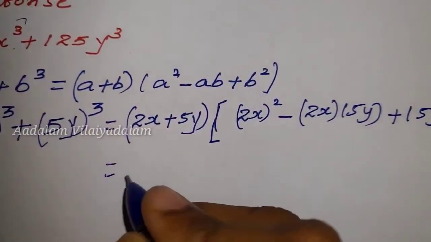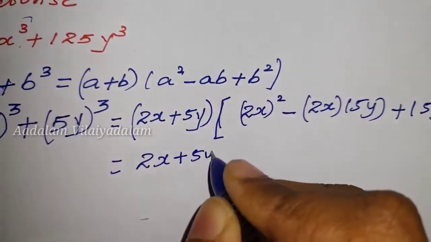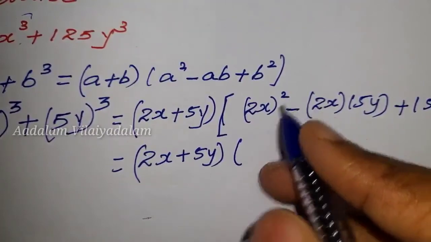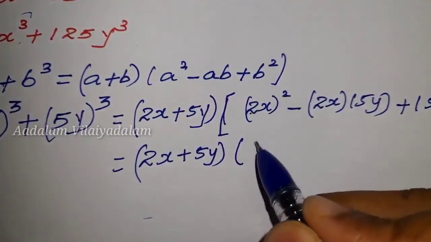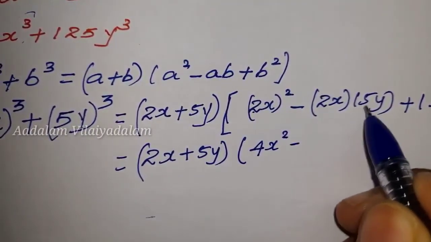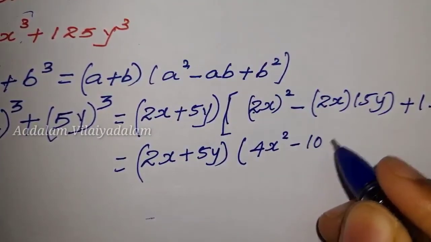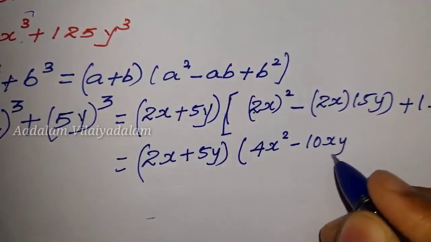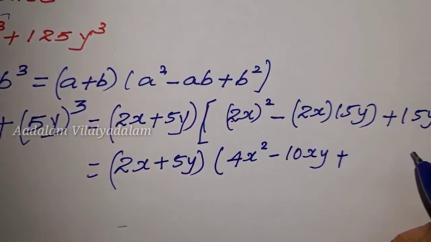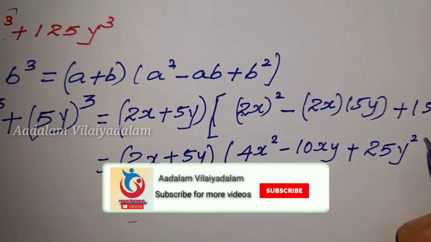So what is the answer here? 2x plus 5y into 2x the whole square, 2 square value is 4, 4x square, minus multiply the constant terms, 2 5s are 10, xy, plus 5y square, 5 5s are 25, 25y square.